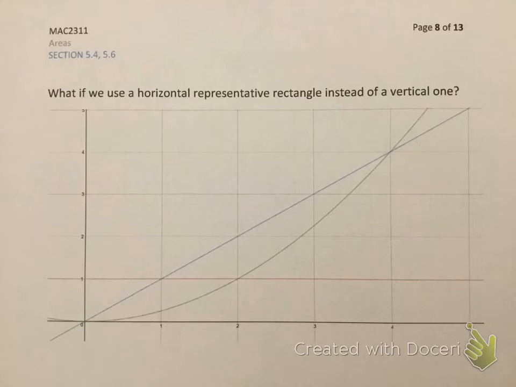I am still looking for the region bounded by y equals 1, y equals x, and y equals 1/4 x squared. So here is my shaded region, because again, I asked to go from 0 to 2.